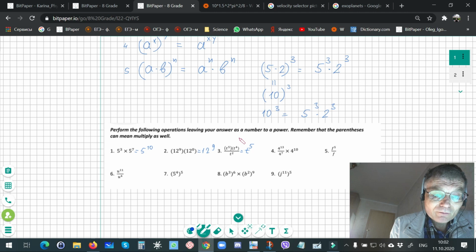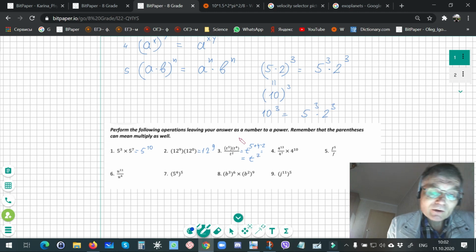So we have 5 plus 4, and we have to subtract all the exponents which are in the denominator. So it's minus 2, which gives me t to the power of 5 plus 4 minus 2. It's 9 minus 2, it's 7. That's the result, t to the power of 7.